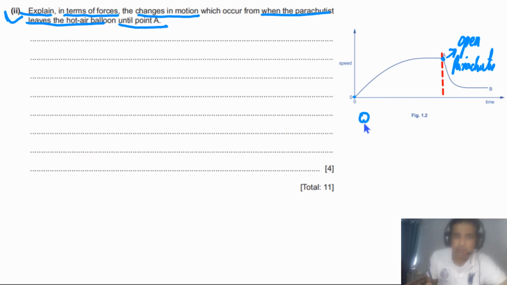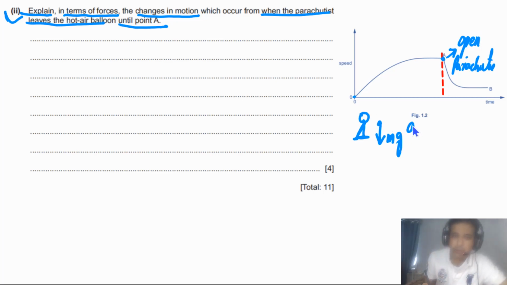So you can simply imagine this is the person. When this person jumps out of the plane, initially the force acting on this person is mg only. As the resultant force on the person is weight only, there will be no air resistance initially because the speed is 0.